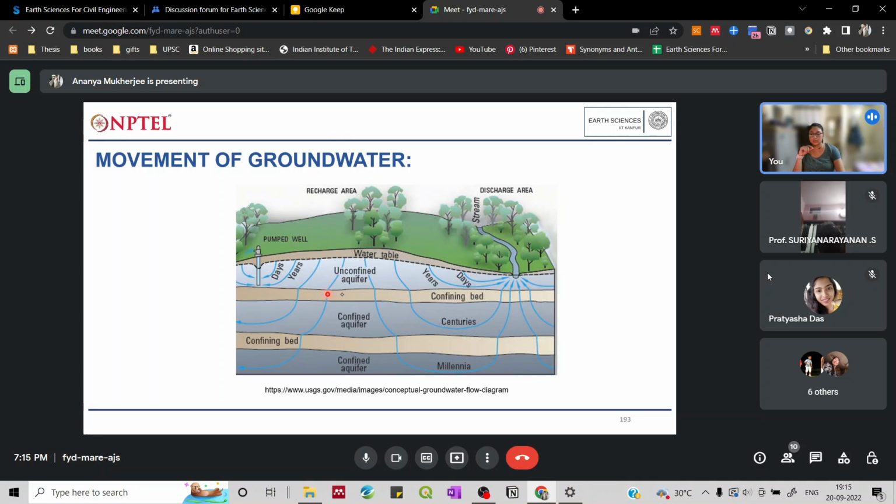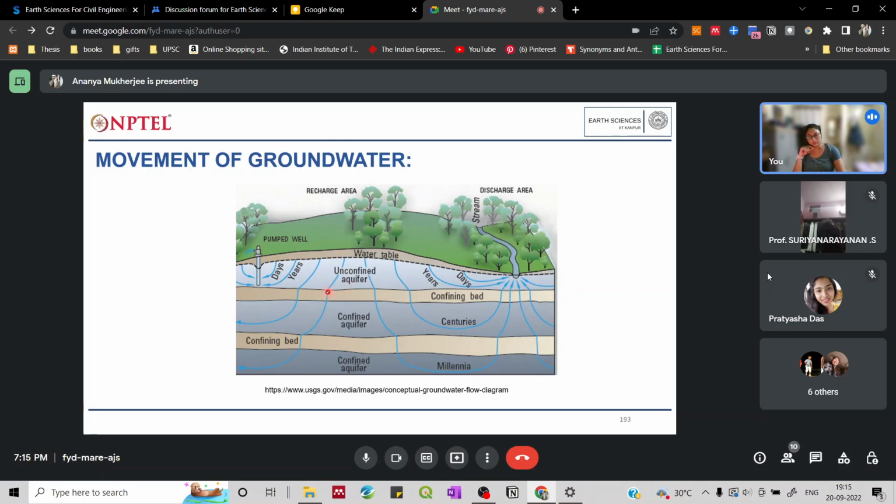Now when we say confining bed, as we talked about, say an aquitard. Suppose this is an aquitard, suppose this is sand plus clay. These confining beds can actually filter those contaminants out, and that is why these deeper confined aquifers could be purer than the unconfined aquifers.